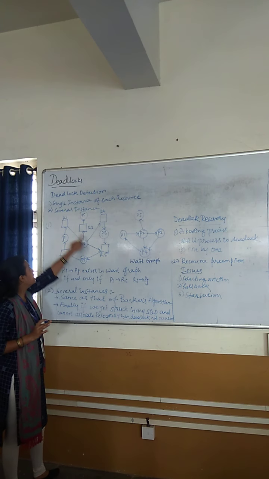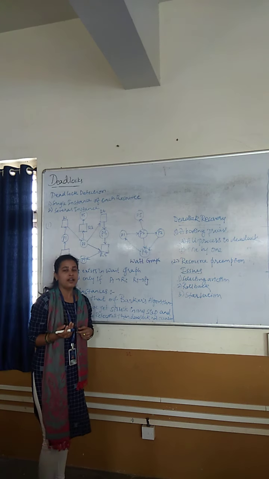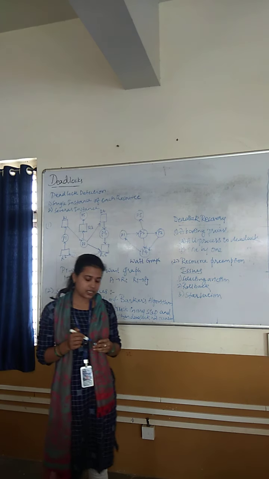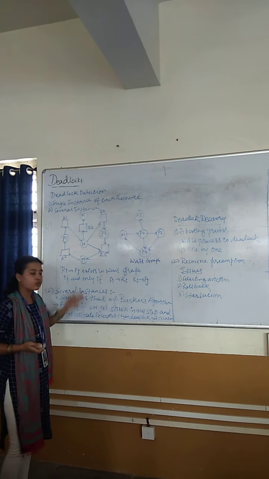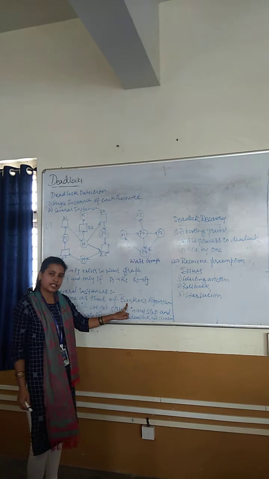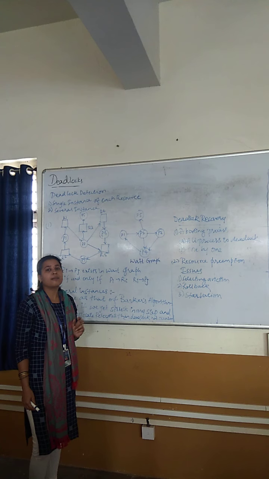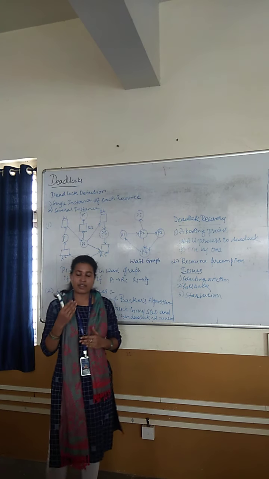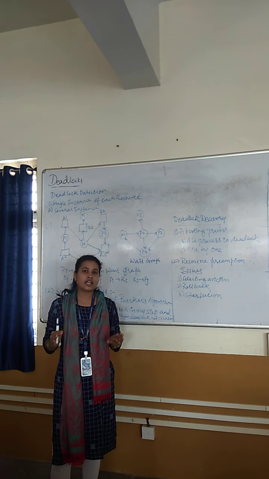Next, the second method, when there are several instances, meaning more instances of the resource type. Then we again use the Banker's algorithm. While solving the Banker's algorithm in our previous video, we did not get stuck anywhere.